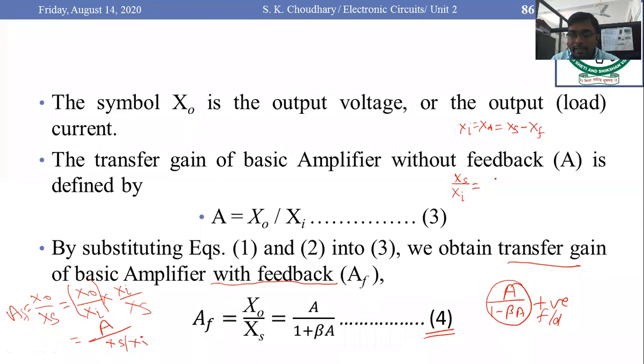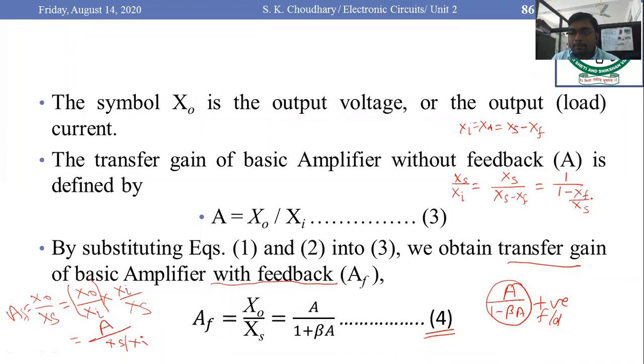So you can write this as Xs upon Xs minus Xf. Dividing by Xs in the numerator and denominator, it would be 1 upon 1 minus Xf upon Xs.